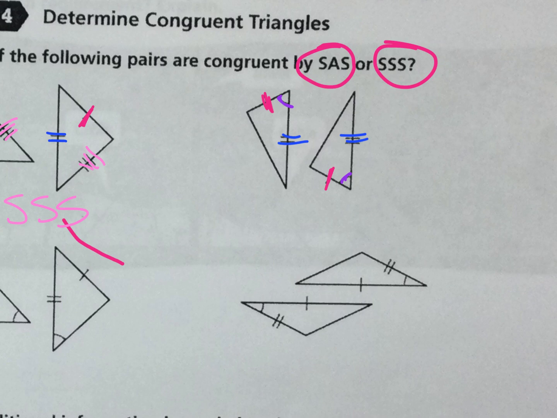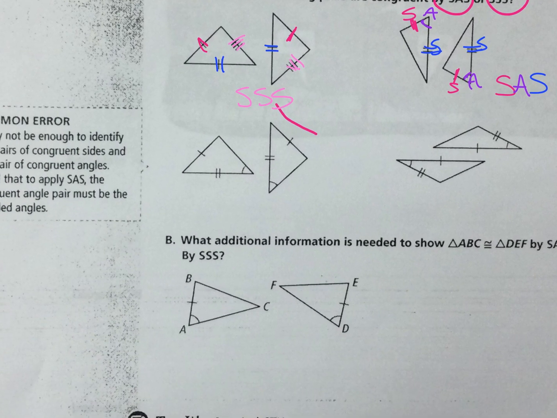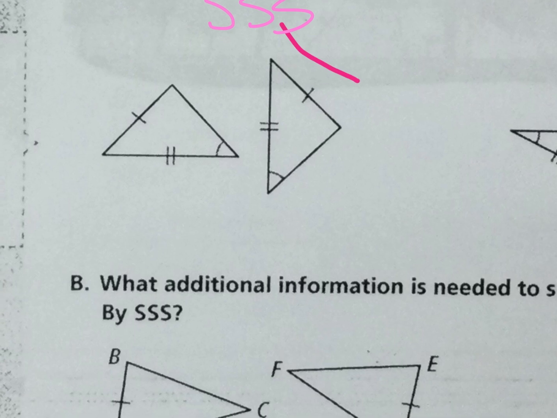And let me write that. I have side, angle, side. And even if I did it here, side, angle, maybe that will help you see it. Okay? So here, I have angle here.